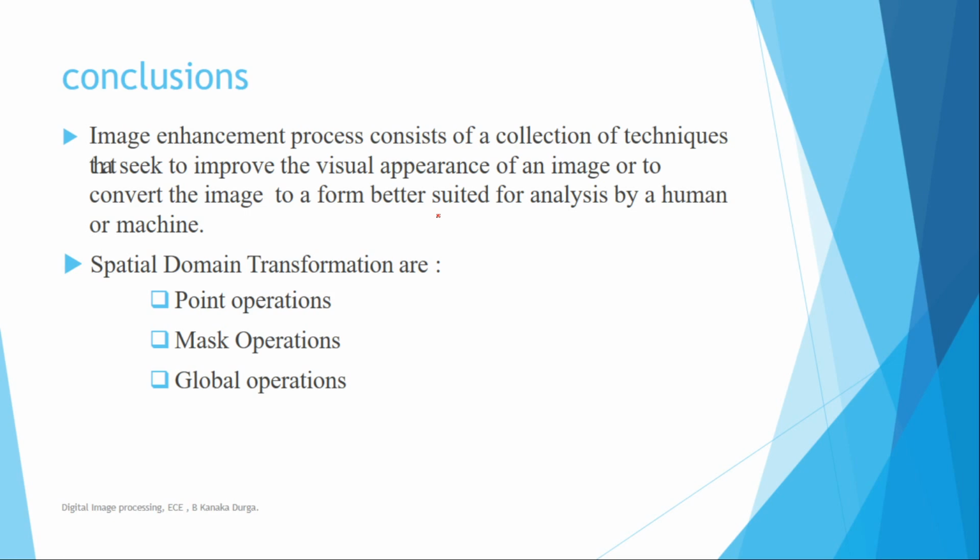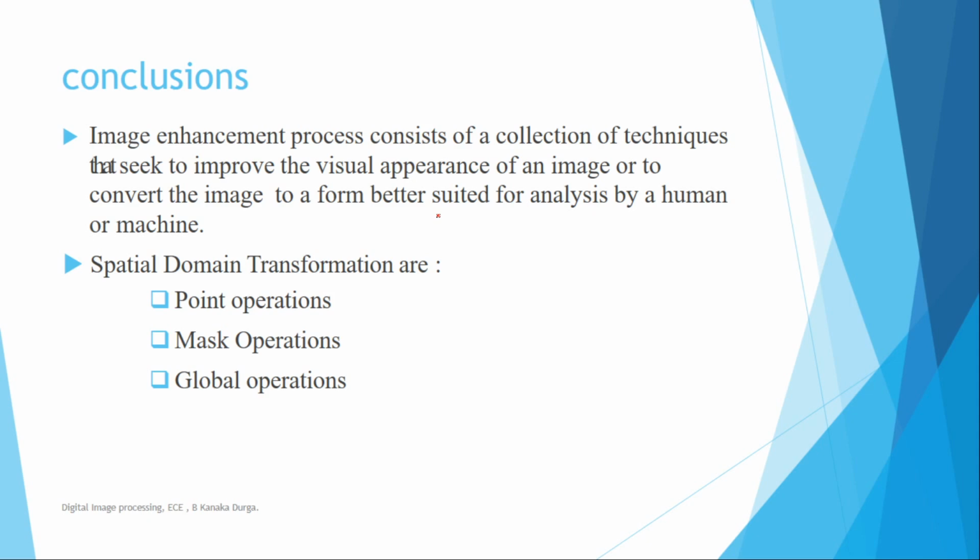Image enhancement can be done in two domains, the spatial domain and the frequency domain. In the spatial domain, we can directly manipulate the pixel values. In the frequency domain, we cannot do that; we have to convert from the time domain to the frequency domain. How many types of spatial domain operations are there? Three: point operation, mask operation, and global operation.